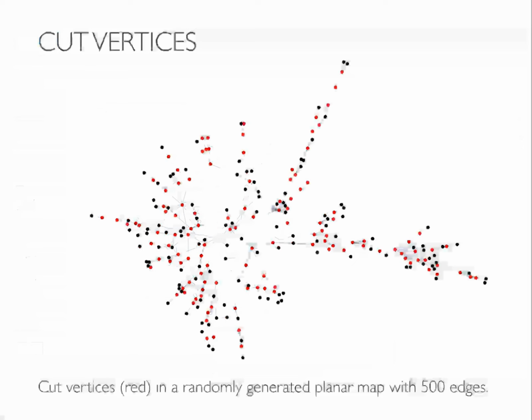Likewise, in this picture of a randomly generated planar map with 500 edges, all cut vertices have been colored in red. The coordinates of these vertices have been chosen according to some spring electrical embedding of Mathematica. You may see that it's not crossing free, that's unfortunate, but we can still get a little bit of a feeling for the number and distribution of the cut vertices in the planar map.